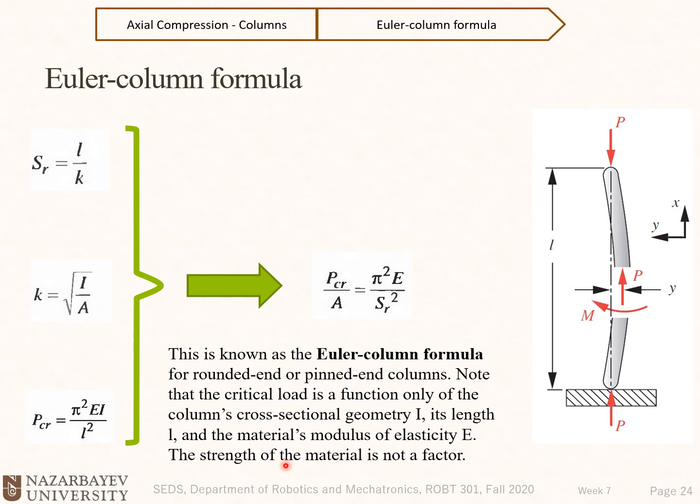Okay, it's not based on the strength of the material, it's not based on the stress. It happens because of another phenomenon that now you should know better, the feedback loop, and that feedback loop will suddenly cause buckling. Okay, so here we have the Euler-Coulomb formula.